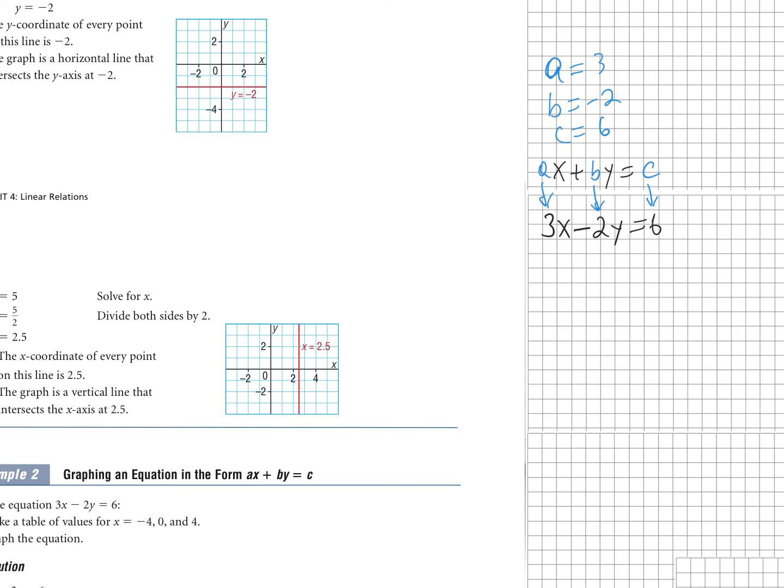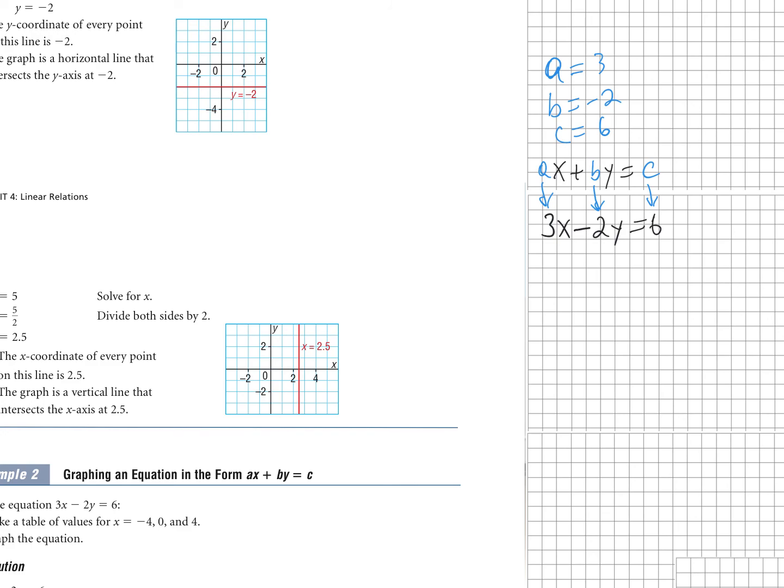So we're still following the format of this equation, ax plus by equals c. Even though this is subtraction, the reason this is subtraction is because the value of b in this equation is -2. We're still following that form, that equation right here.